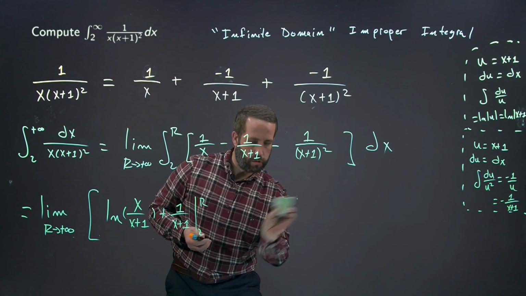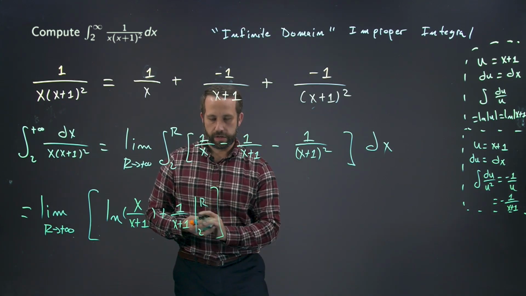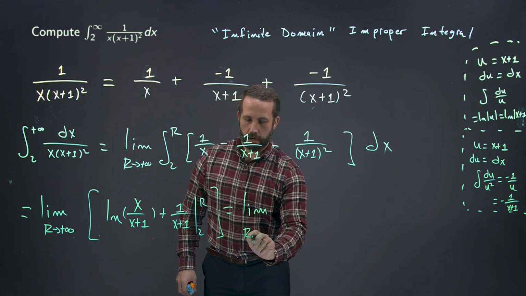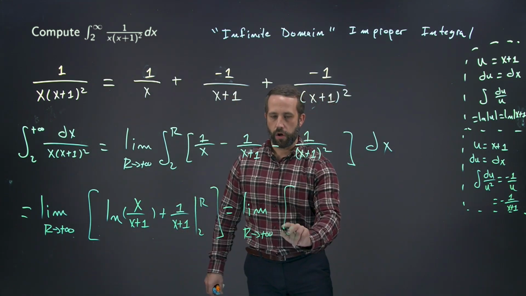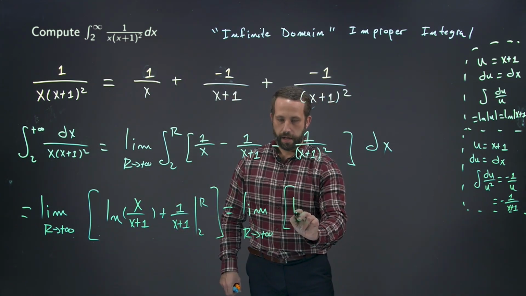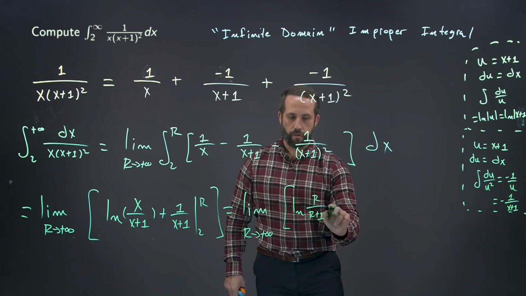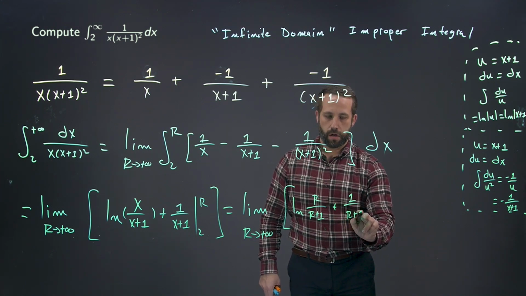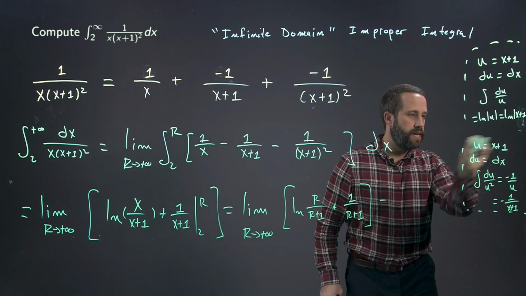Okay, so don't just take the limit here. You actually have to plug in the r and the 2. So this is going to be equal to the limit as r goes to infinity. When I plug in r, I'm going to get natural log of r over r plus 1 plus 1 over r plus 1, and then minus, okay, I'm going to have to erase this now.